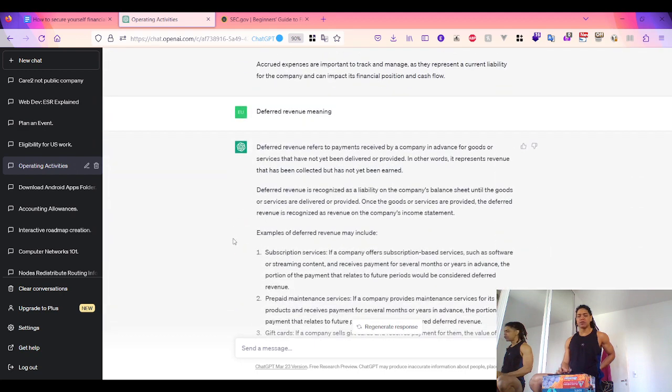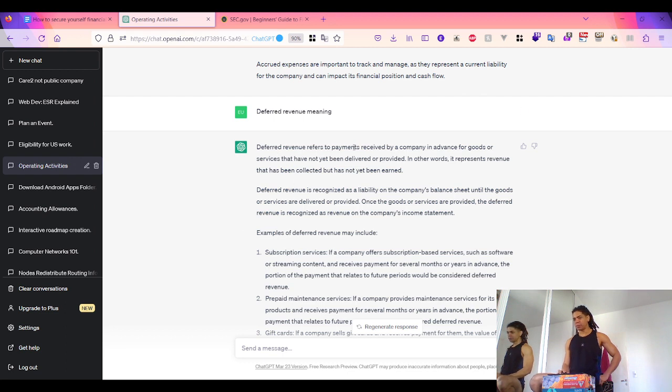And then I look at deferred revenue. Deferred revenue is payments that are received. Let's read about that.